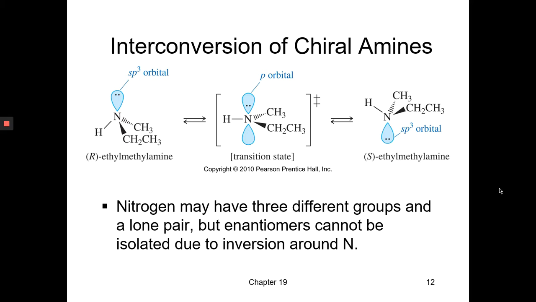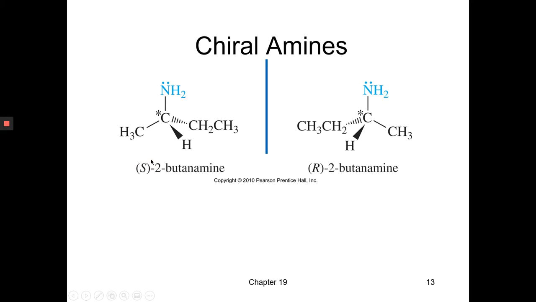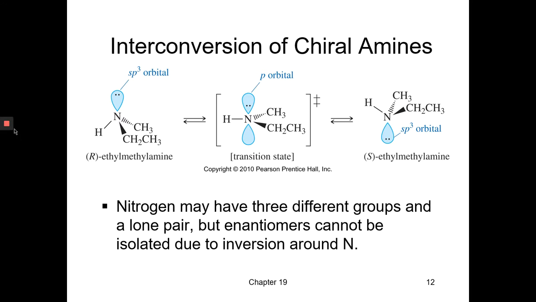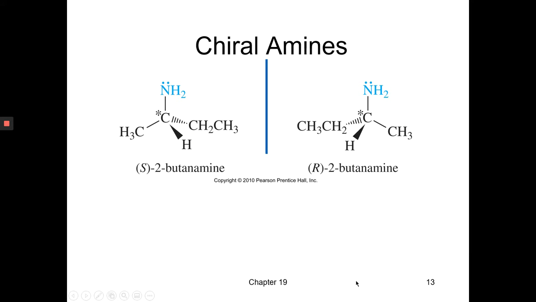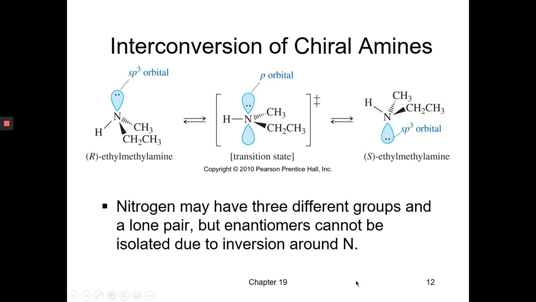In this molecule, if it were frozen in place, it would be chiral because we have 4 different groups. This would be non-superimposable on its mirror image.